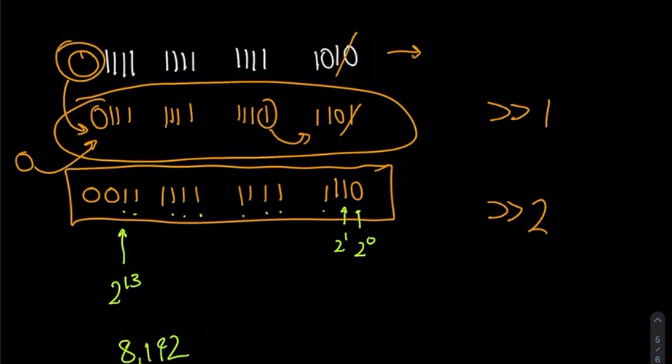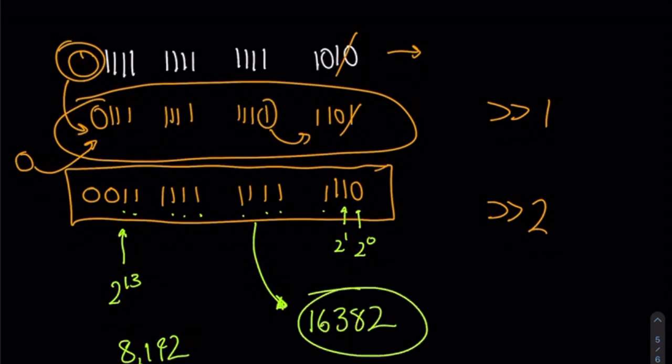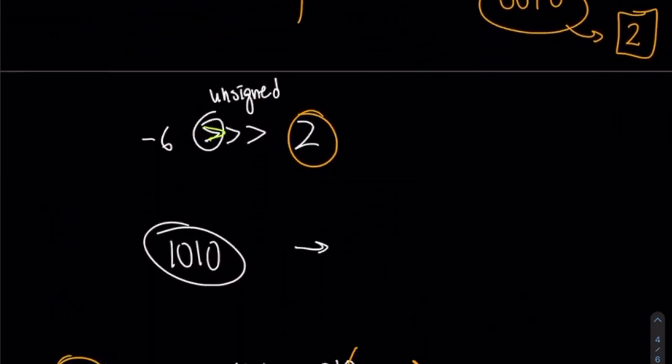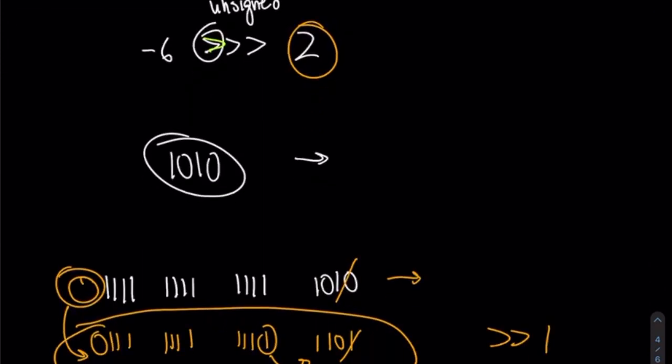So this is a very big number, and because of this, I calculated this beforehand, and this will output 16,382, and this is the number that comes out of the unsigned right shift operation, where we shift 2 places and we replace the places that we've lost with zeros.